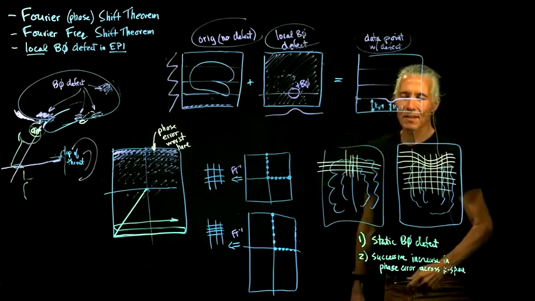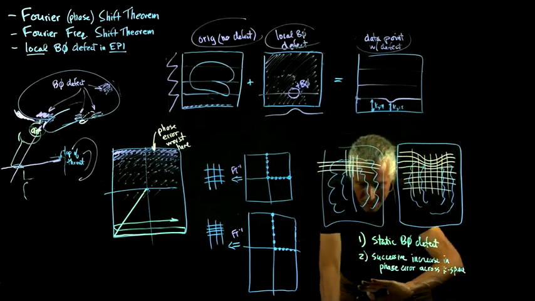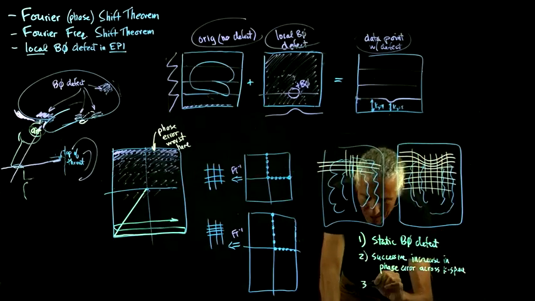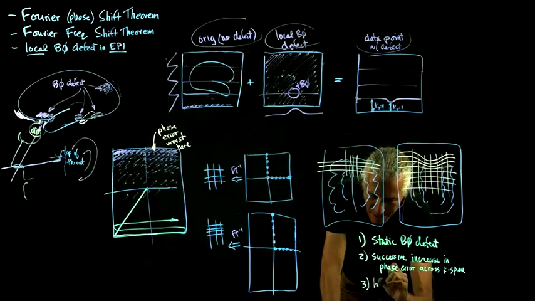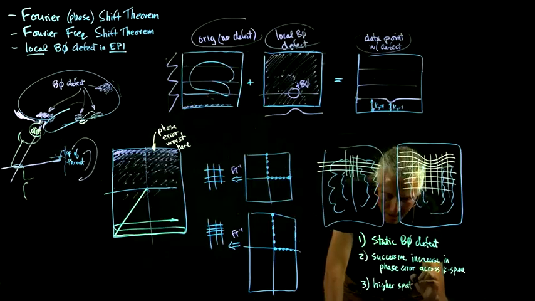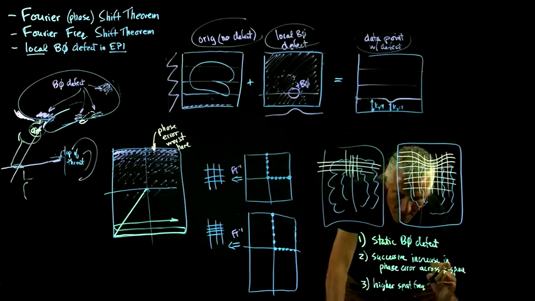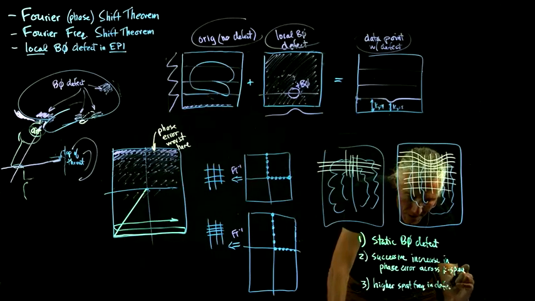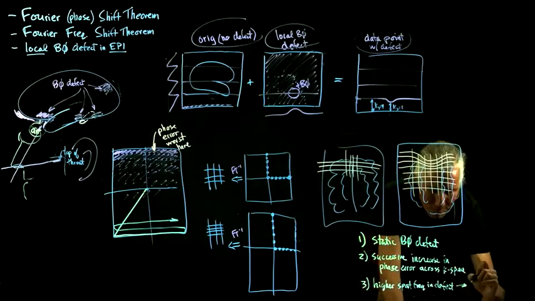And what that does is essentially higher spatial frequencies in the defect area, and then that leads to smaller voxels.